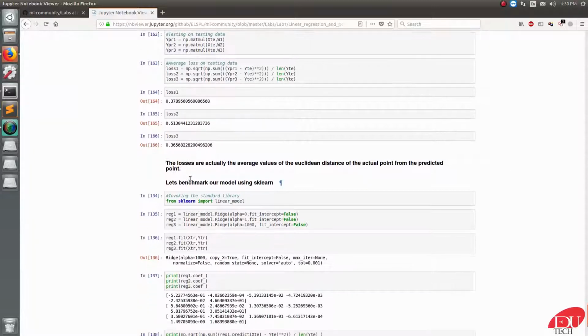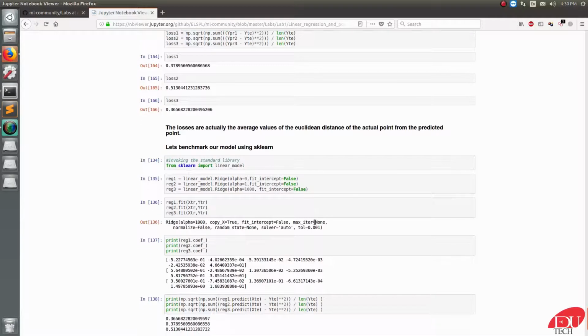So then we also benchmark the model using sklearn. Now sklearn is a machine learning library which Python already provides for various machine learning functions like regression, classification, you know, ridge methods, and so on, decision trees, random forests.